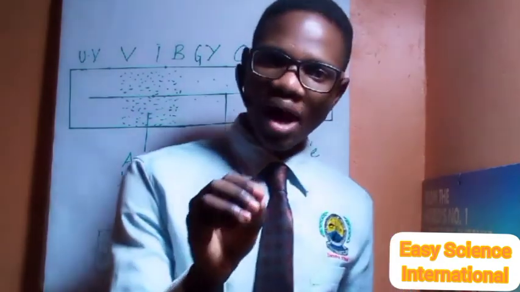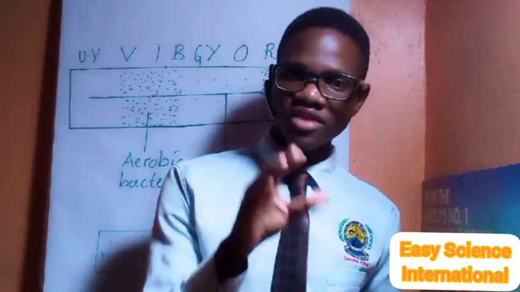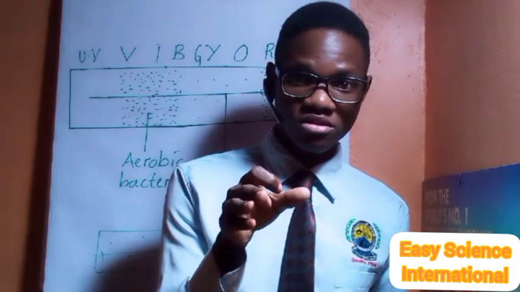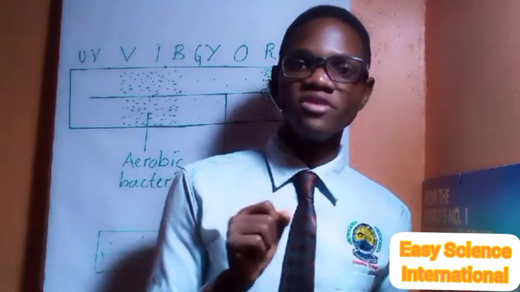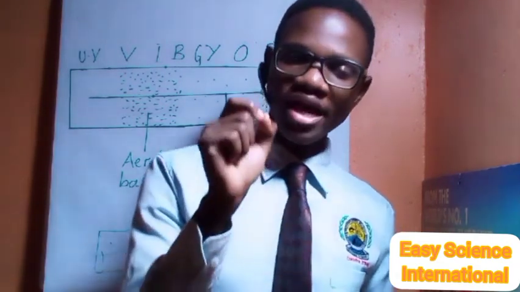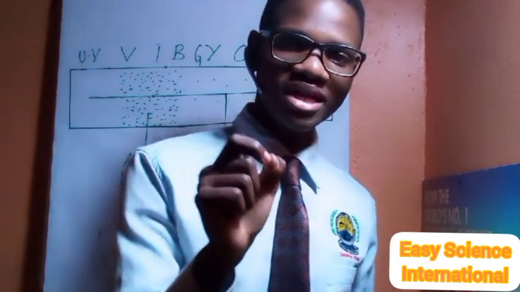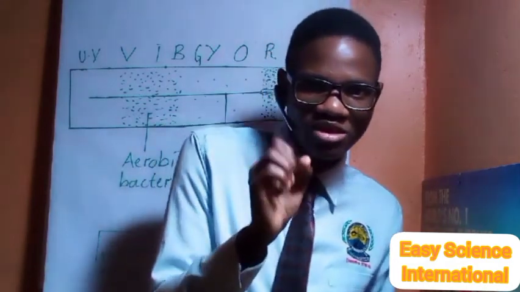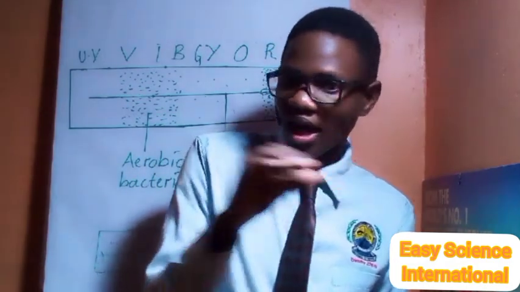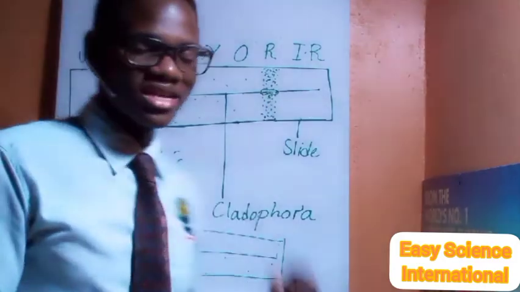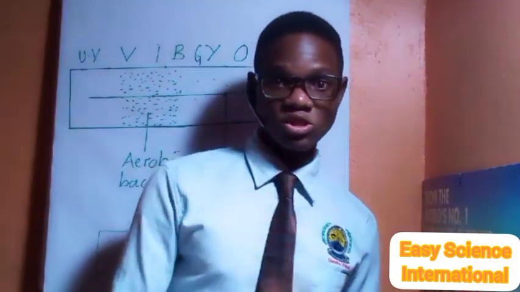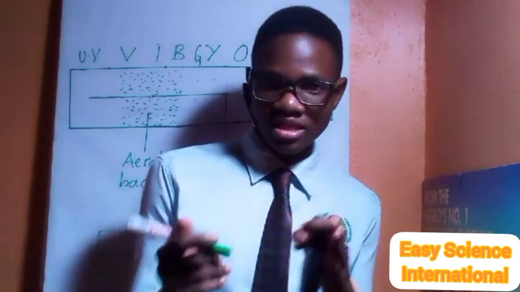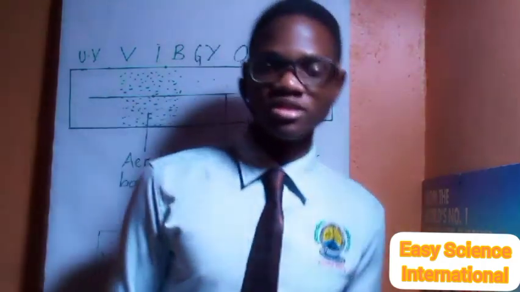So if Nachimwero is invisible and I see Sechizivu, I expect Nachimwero to be very close around. So when I expose these aerobic bacteria and I see them gathered at a certain corner or segment of a thread, I have detected that there is oxygen, because the two move together. This is the idea which Engelmann used.